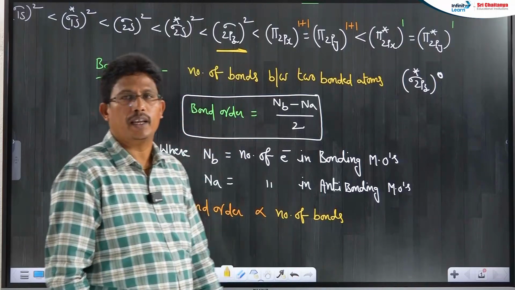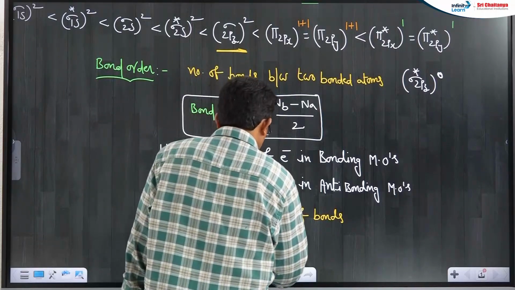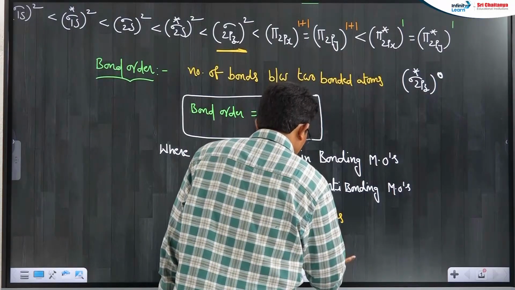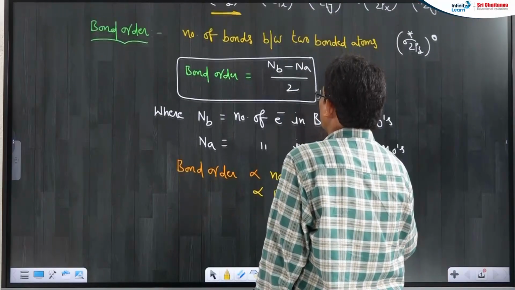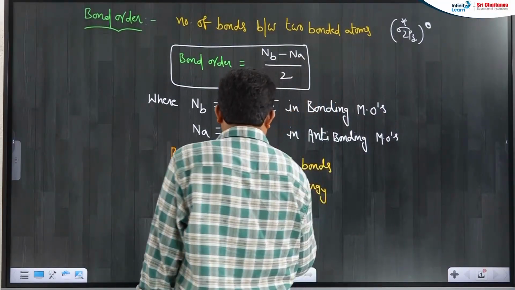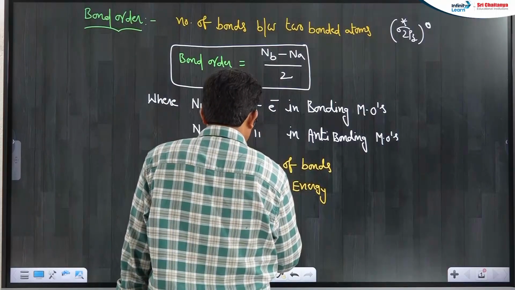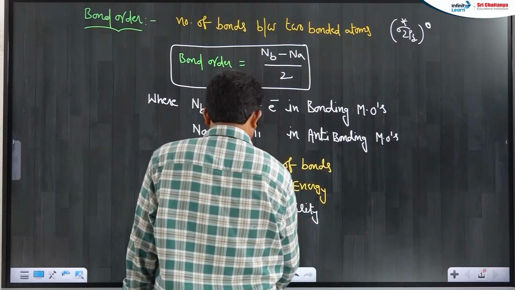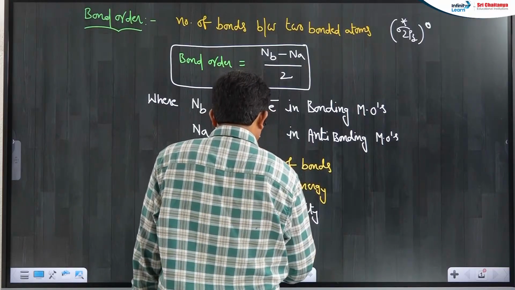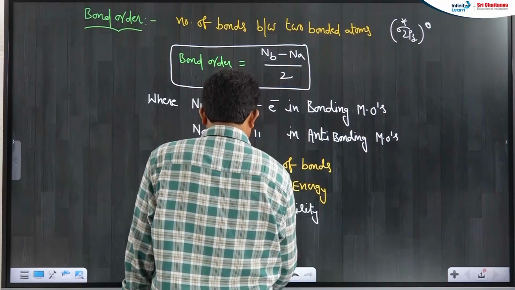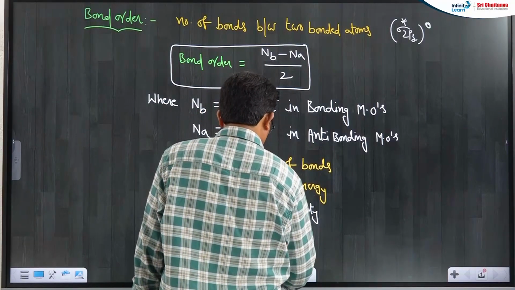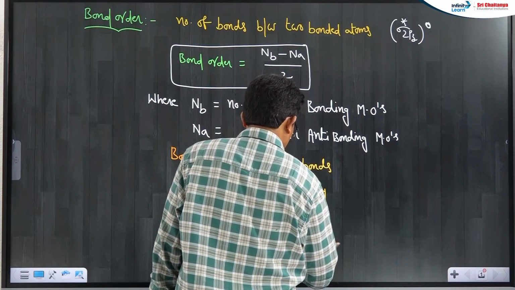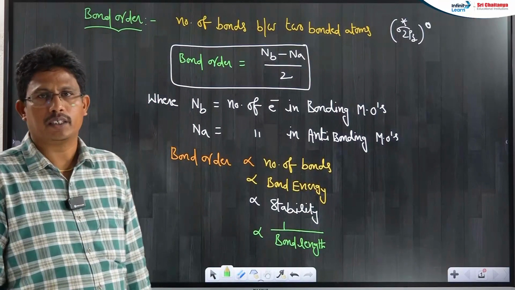If number of bonds increases, bond energy increases. If bond energy increases, bond length decreases and stability increases. These all are interrelated relations.